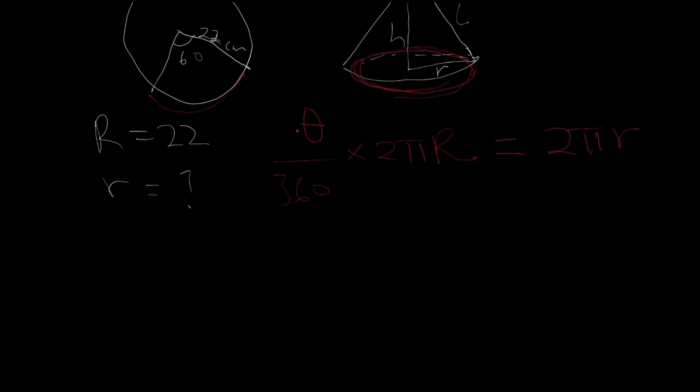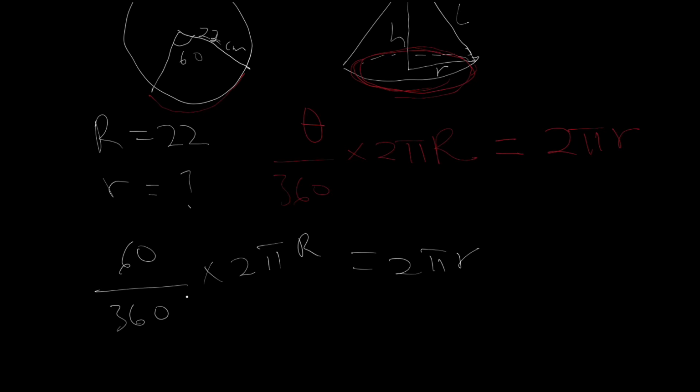Now we know our pi, and we know our theta is 60 degrees. So we have 60 divided by 360 times 2 pi R is equal to 2 pi r. Now we divide both sides by 2 pi. 2 pi cancels 2 pi on both sides.